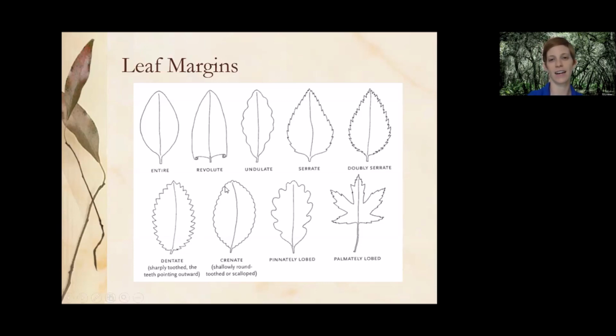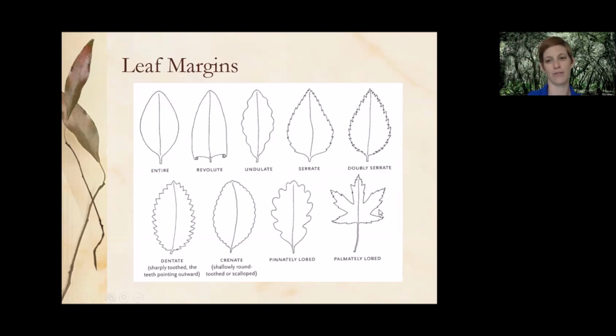Crenate is kind of like undulate, but much smaller waves. This is the case, we often showcase this leaf with the loblolly bay, for those of you that are familiar with that. Pinnately lobed, so if they have deep lobes throughout the edge of the leaf, and then palmately lobed, if it looks like your palm, that is what we call for that.